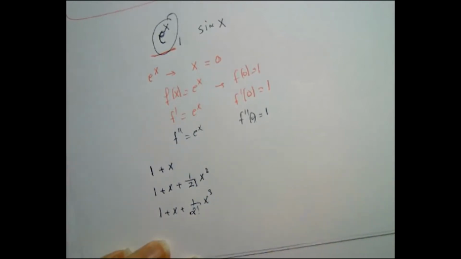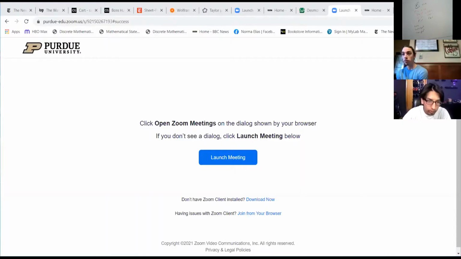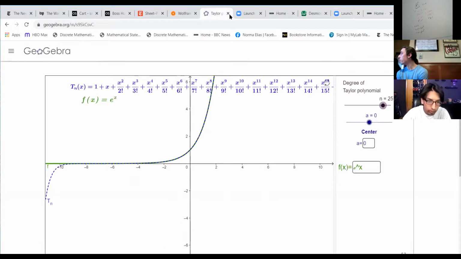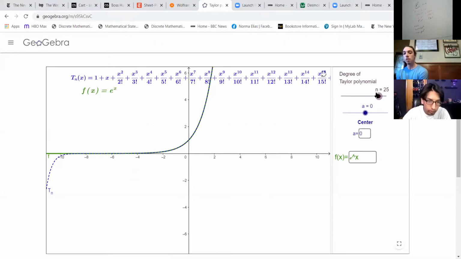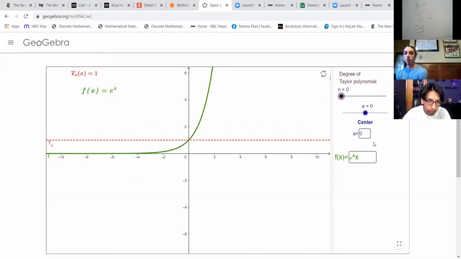Let us share again what's happening graphically for that. If we share the screen, let us see again what's really happening. That's the Taylor polynomial. So that's the function e to the x, centered at 0.